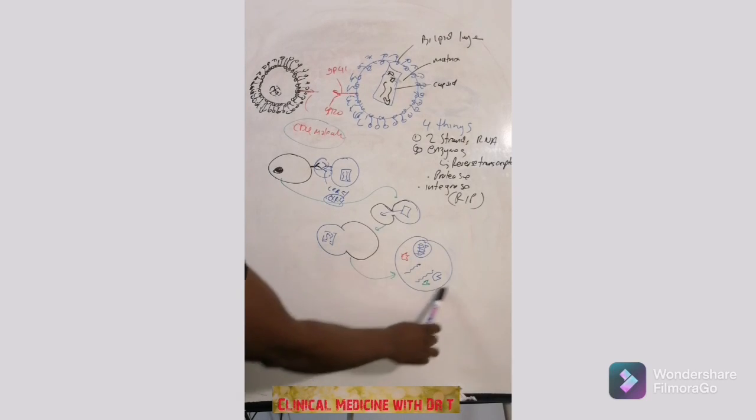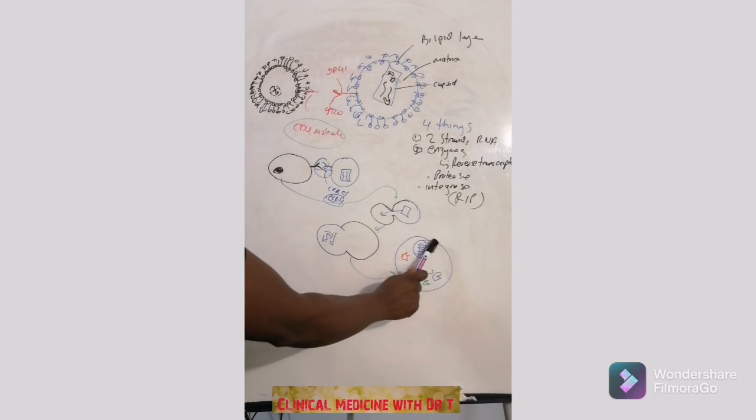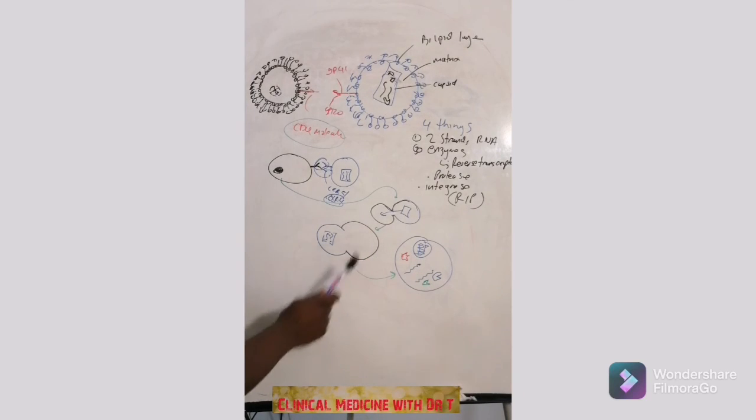Now you've got a lymphocyte that has been infected with the HIV virus. So now you've got 2 genetic materials here, one from the patient and one from the virus, together with those 3 enzymes. Now let's talk about what happens when this has occurred.